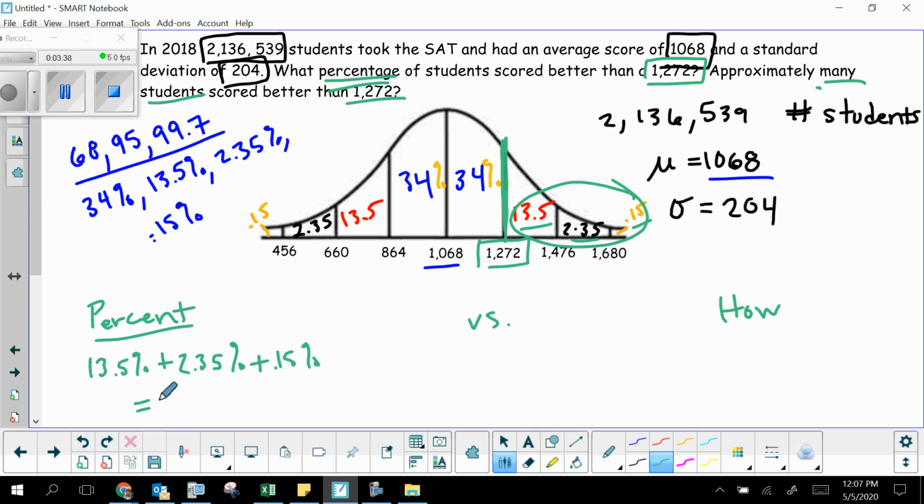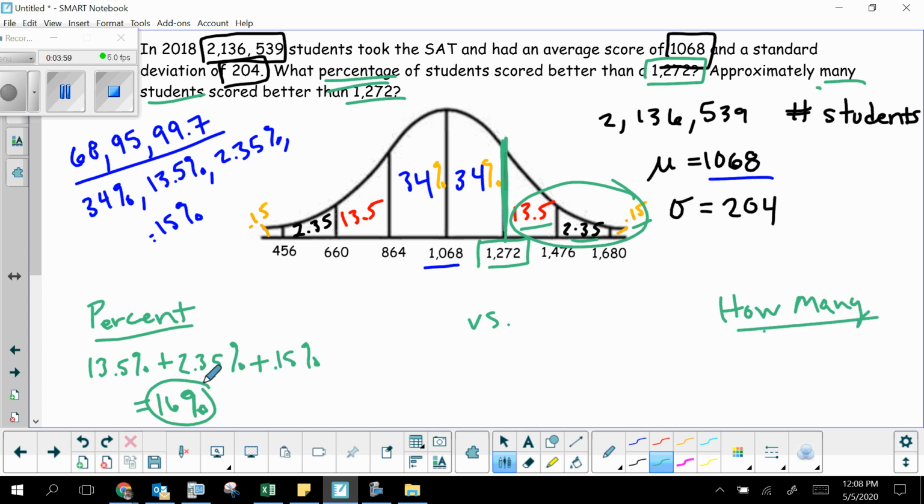That gives us 16%. So 16% of the students that took this SAT scored better than a 1272. We can use that value to figure out how many students that's talking about.